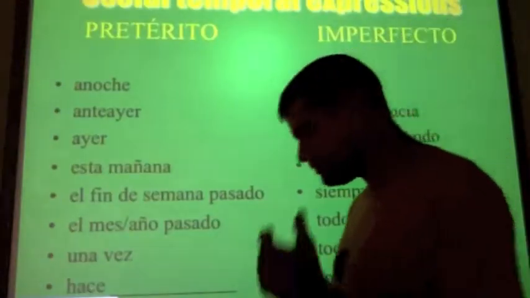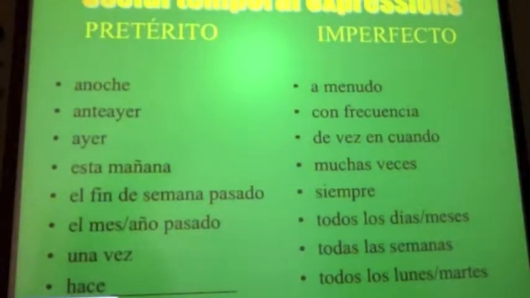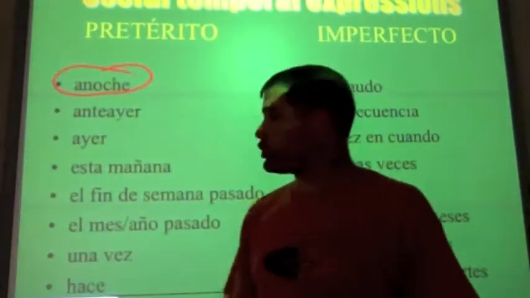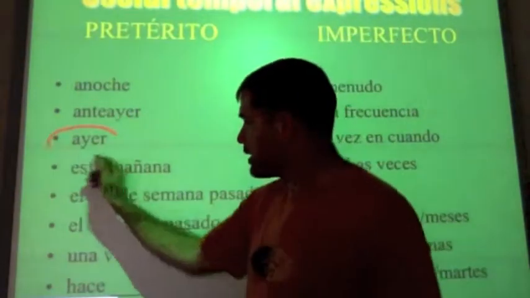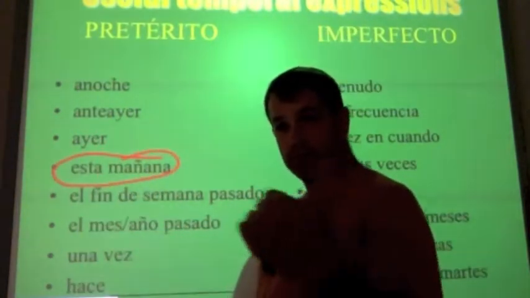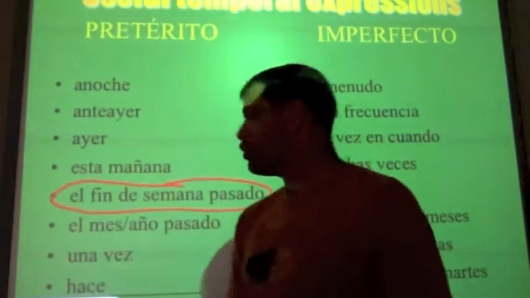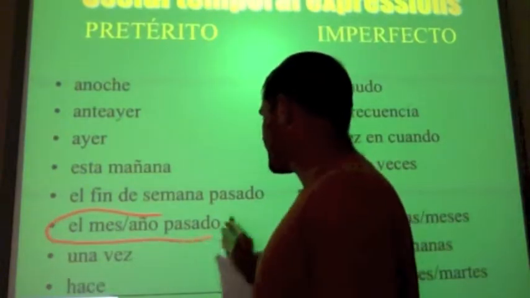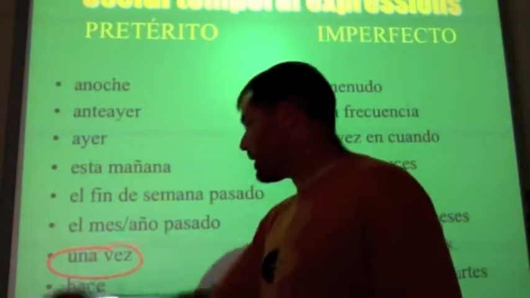Okay? And then finally, some useful words to remember when we're talking about the preterite tense. Notice we'll use words like last night, anoche, day before yesterday, anteayer, ayer, yesterday, esta mañana, this morning, earlier this morning, el fin de semana pasado, last weekend, el mes or el año pasado, last month, last year, una vez, one time, talking about the past.